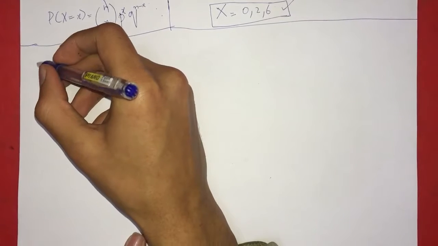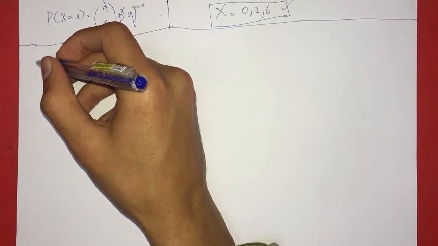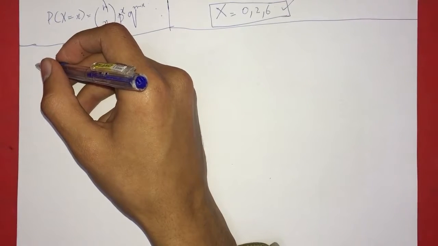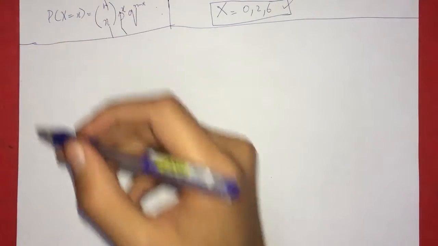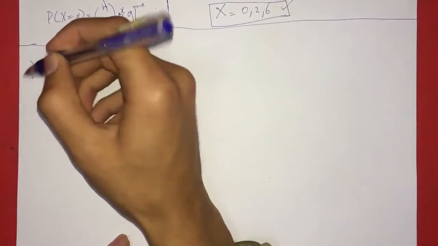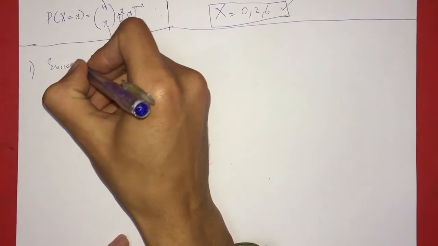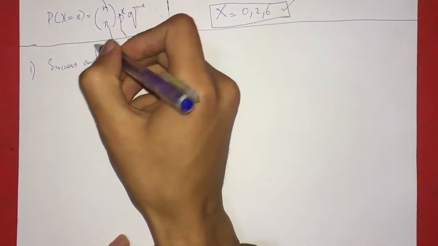Now for the next question, we were supposed to write the properties of the hypergeometric distribution. So what are the properties? First property is that you have two outcomes, success and failure, because it is a discrete random variable.